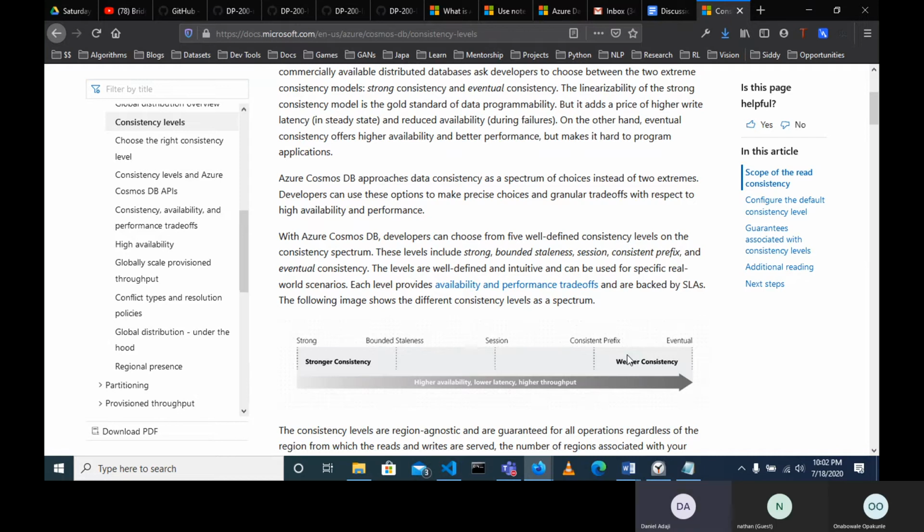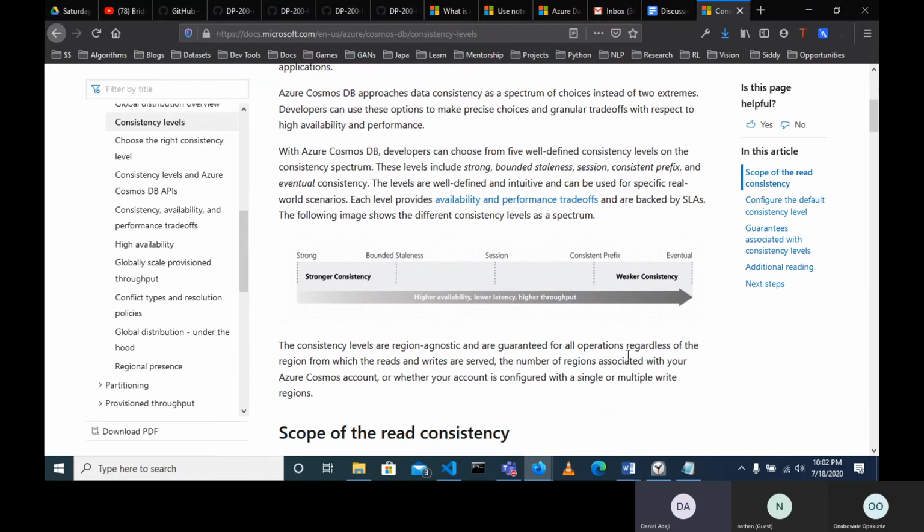So the flow here, as you can see from that diagram, points to the fact that if you are implementing strong for your consistency level, you would have real-time updates but less availability.